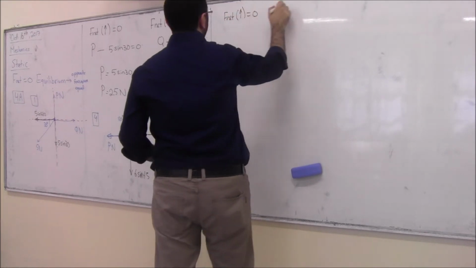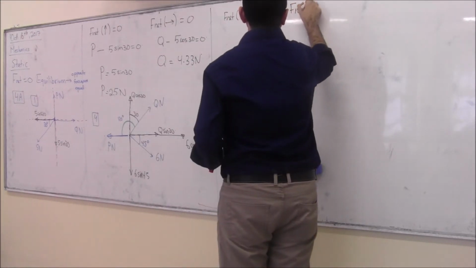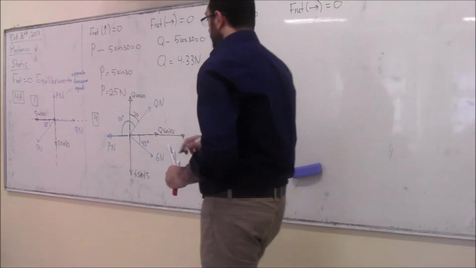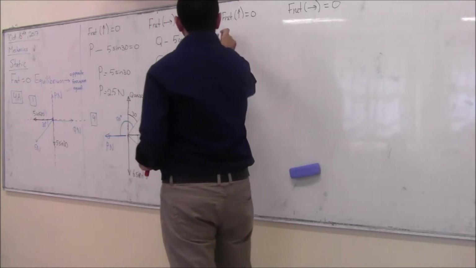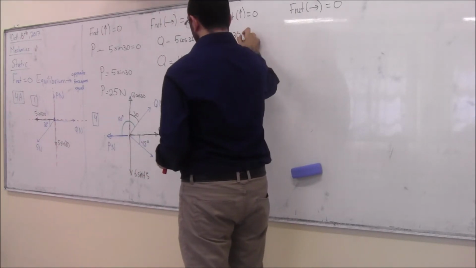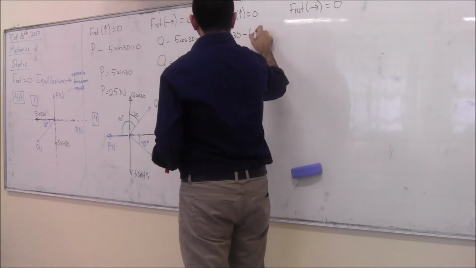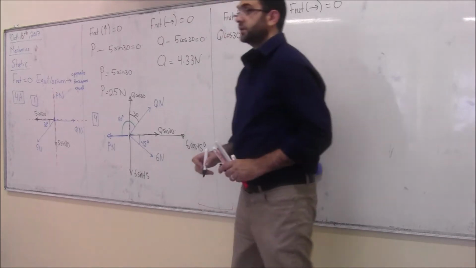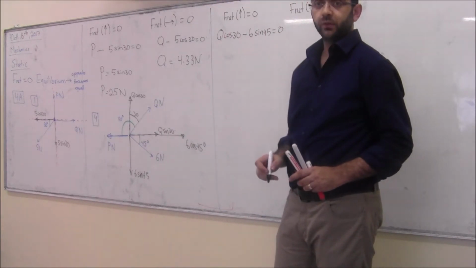For equilibrium, F net vertical is 0, F net along the horizontal axis is 0. What do we have along the vertical? Q cosine 30 minus 6 sine 45 equals 0. Okay?